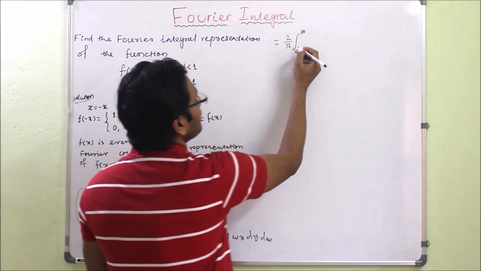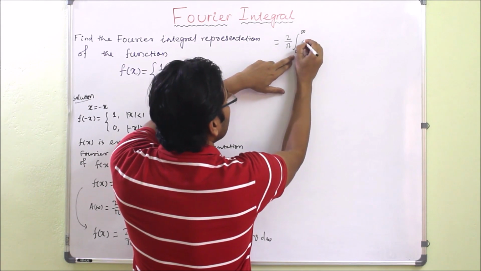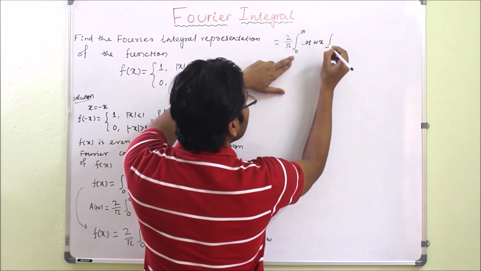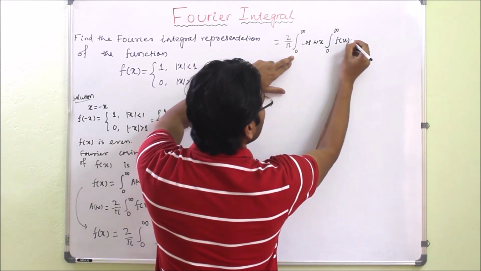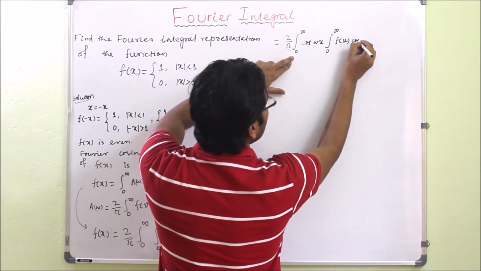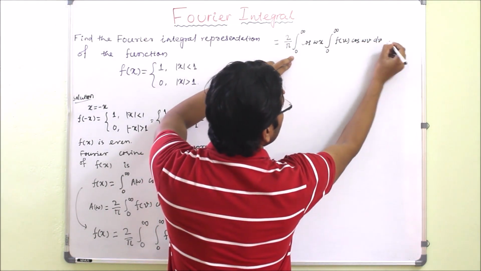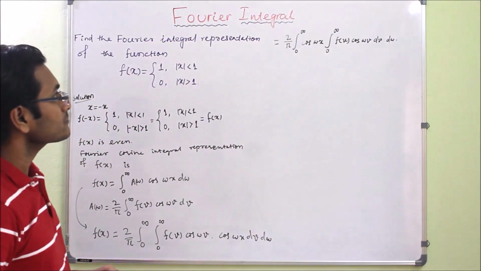So we get 2 by pi, integration 0 to infinity cos wx, then integration 0 to infinity f of v cos wv dv dw. Okay, now clear.